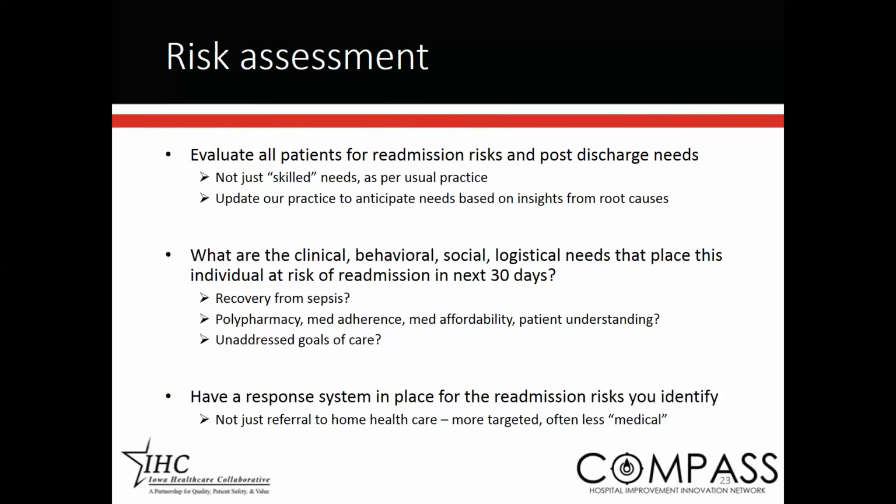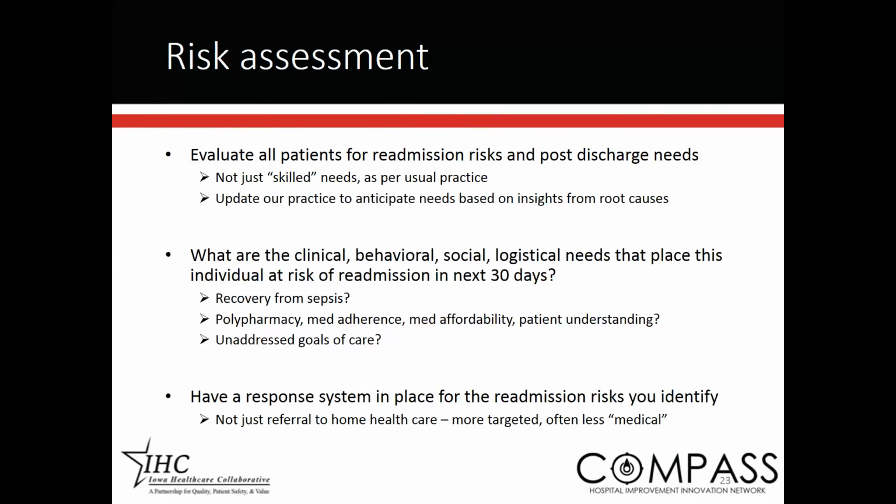Typically, we look for patients who are, quote, high risk of readmission, meaning they have some sort of trigger or risk score or risk group that they are in. Well, what we want to do when we're assessing all of our patients is ask ourselves, what are the clinical, behavioral, social, logistical needs that might place this person at risk of readmission, even though they're not a Medicare heart failure patient discharged to home or someone in a high-risk group that we have identified.